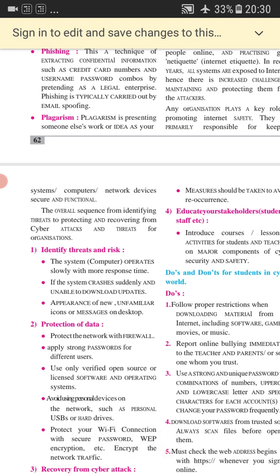If you feel any threat or any risk, do not ignore it. Try to identify the threats and risks, and if you are unable to do that, you can hire an expert or ask a technical person to do it. So do not ignore those things.